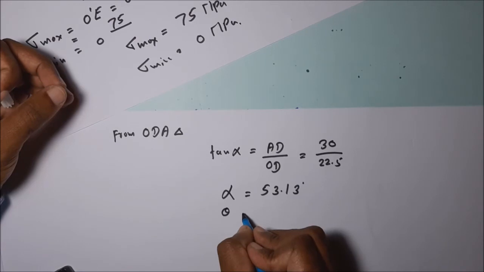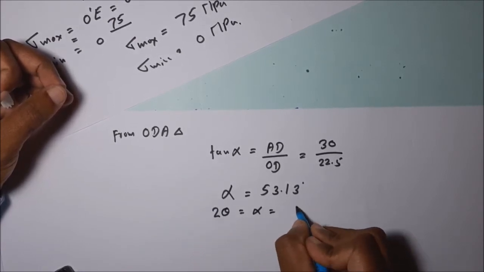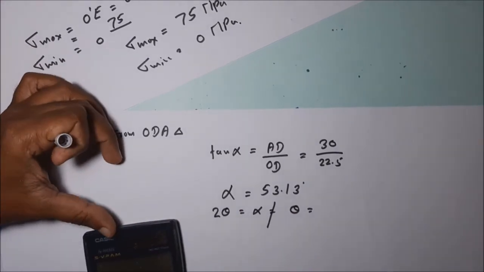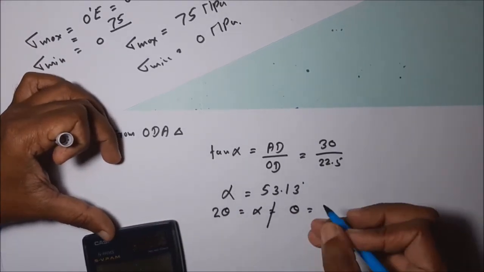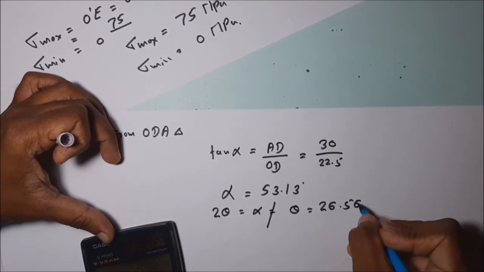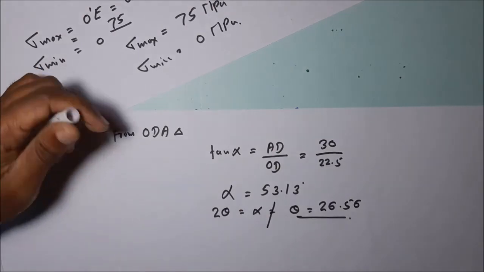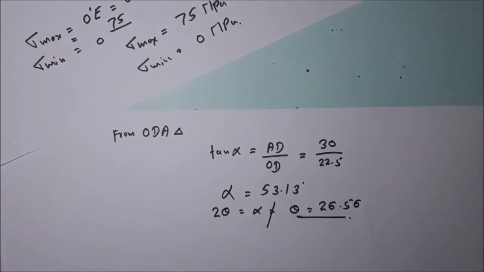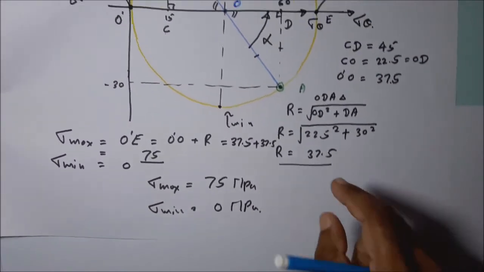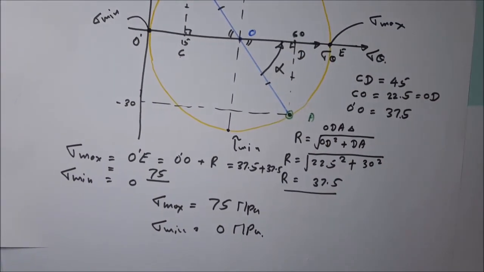That means 2 theta is equal to alpha, so theta is equal to 26.56. This is the theta angle. At this angle, the normal stress is maximized.